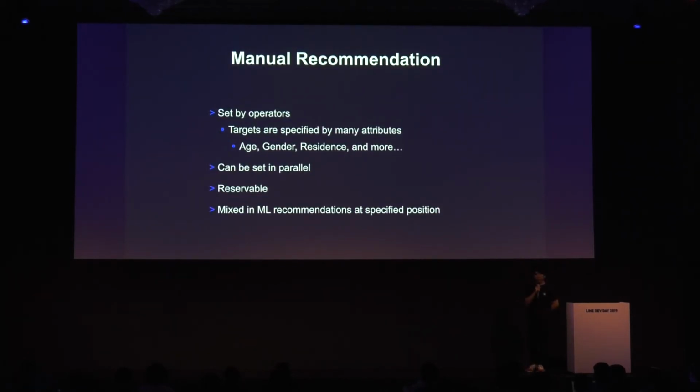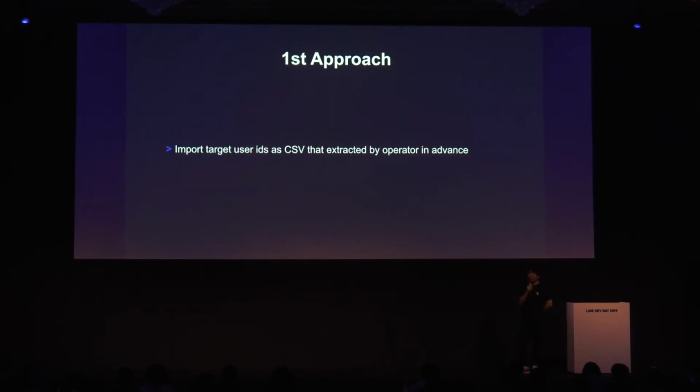So let me recap the manual recommendation. The operational team sets up on CMS, and the targeted users with the combination of different attributes are selected. You can set up how long and when we actually display and also at which position we display the manual recommendation amongst the other machine learning recommendations.